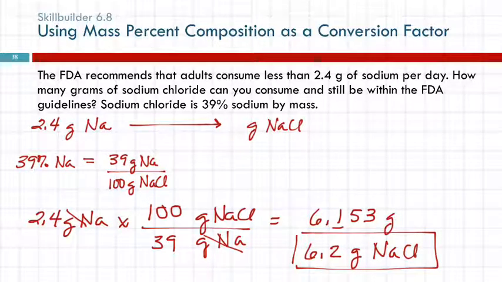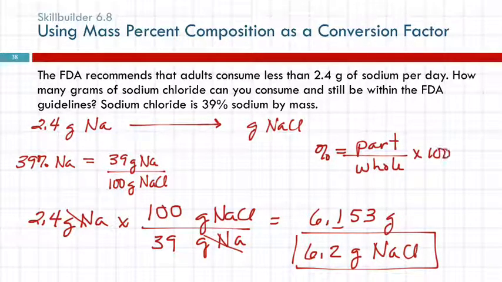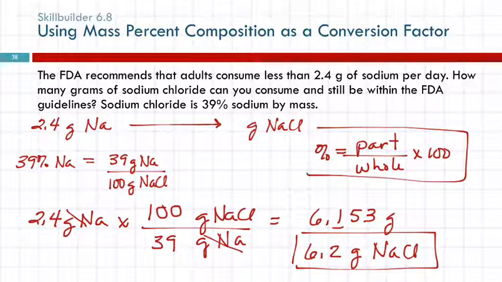The overall idea for percent is the part divided by the whole times 100. And that's the same for any percentage. So if you're given the percentage, you can always say, well, it's that many of the part divided by 100 of the whole thing. And you can choose whatever unit you want in there.